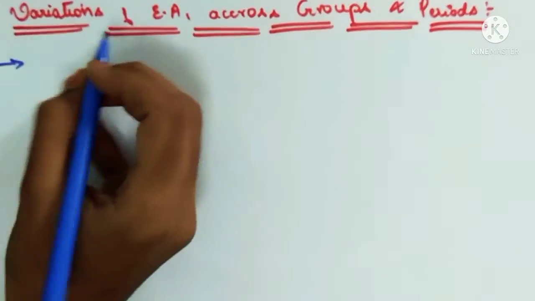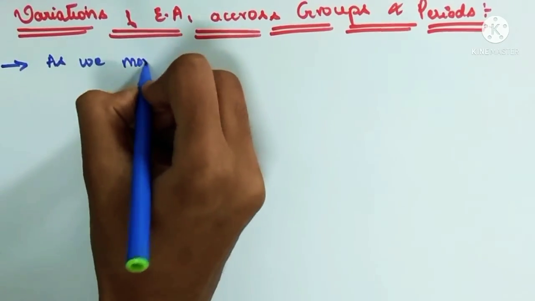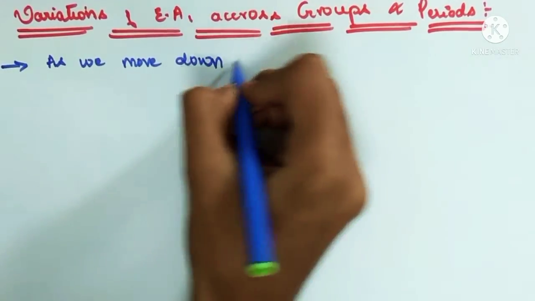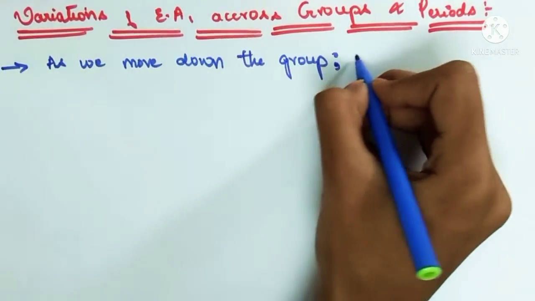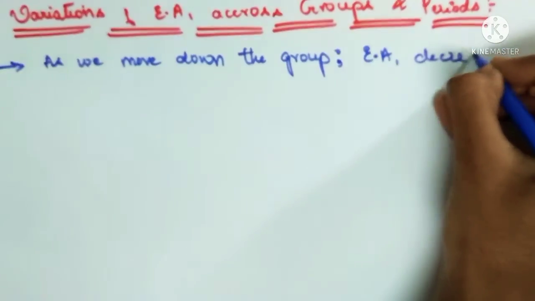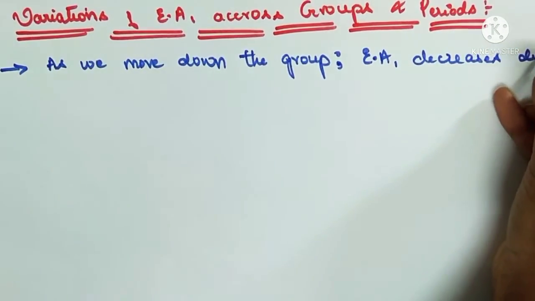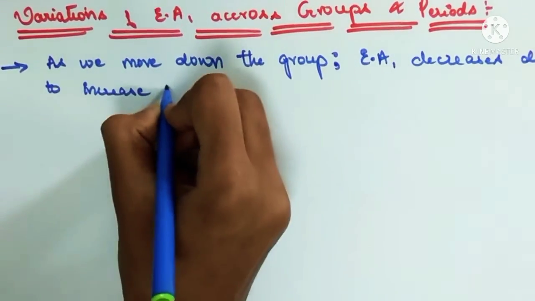We can write: as we move down the group, first electronic affinity decreases due to increase in atomic size.